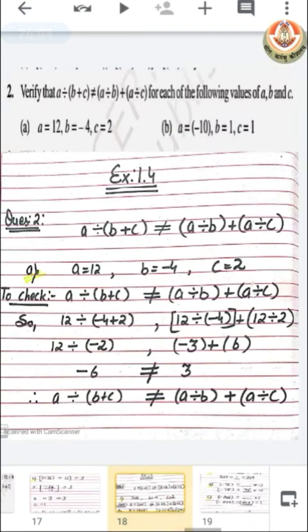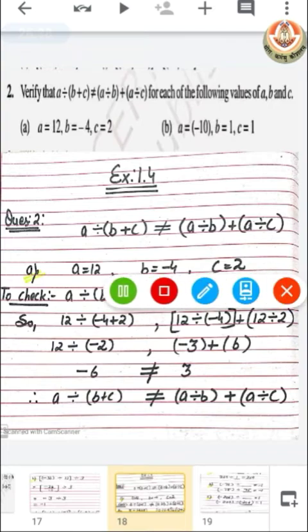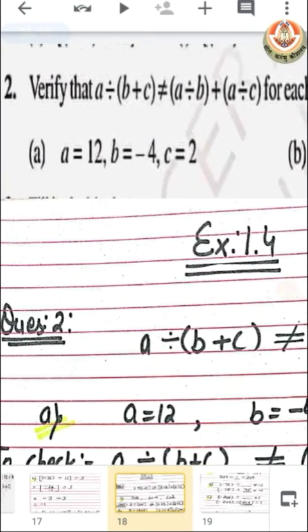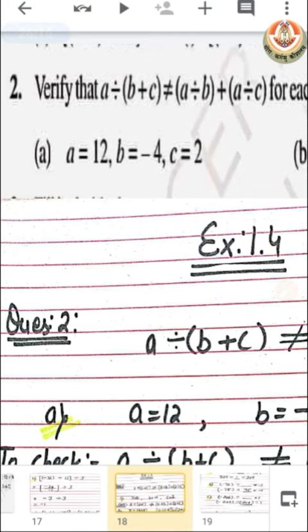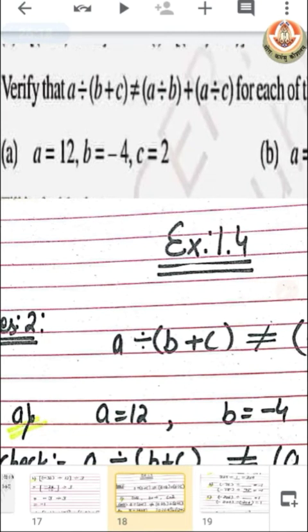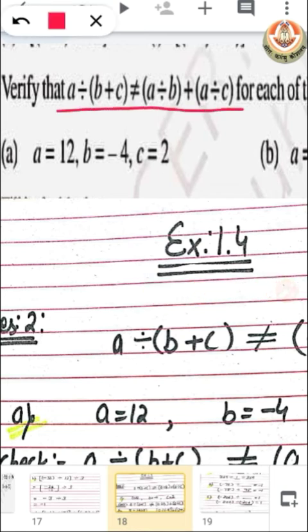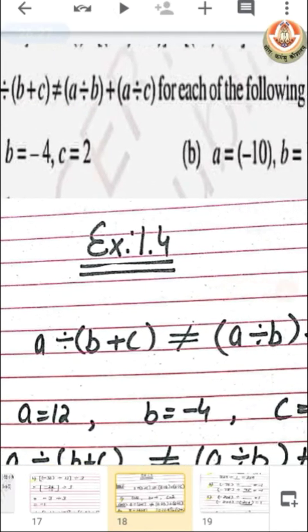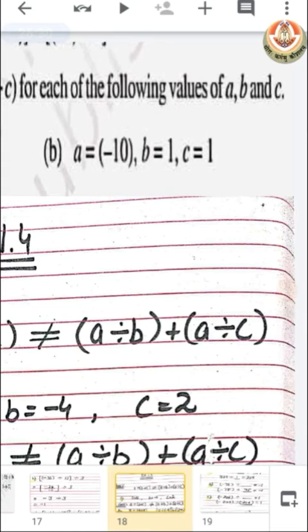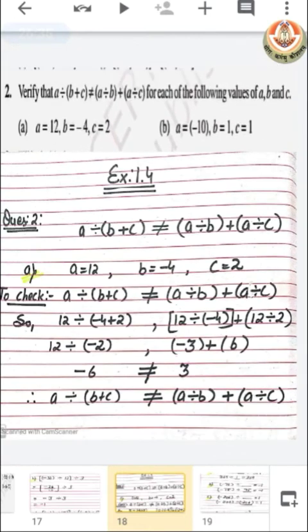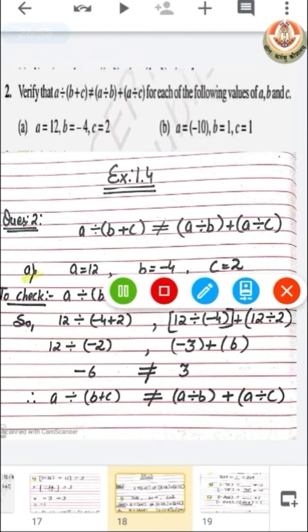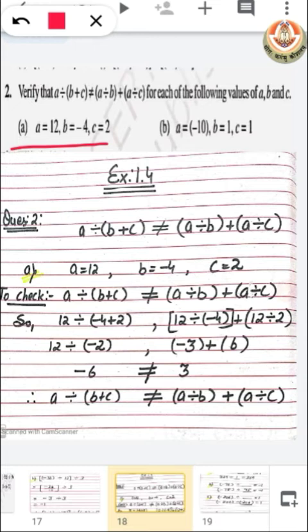Let's move on to the next question. Question number 2. The question says verify. That means we have to verify this given situation or equation for each of the following values of A, B and C. Here we have been given two parts, A and B, and in both we have been given values for A, B and C. So let's try to solve the first one.